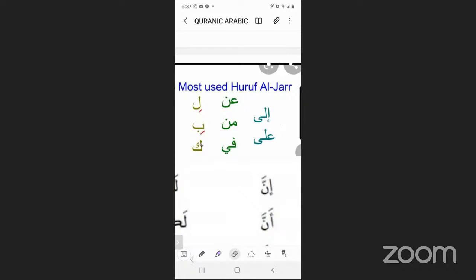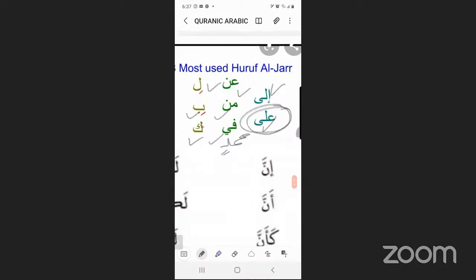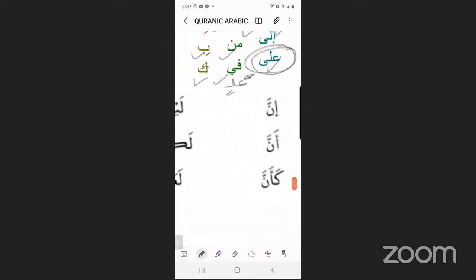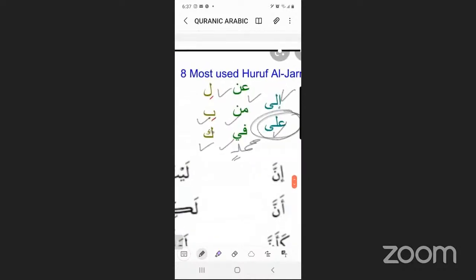When we had Allah, Muhammadun became Muhammad, then ala Muhammad. So these are ila, ala, an, min, fi, li, bi, ka. All these are the most used harf jar. There are more, but just the most common ones.